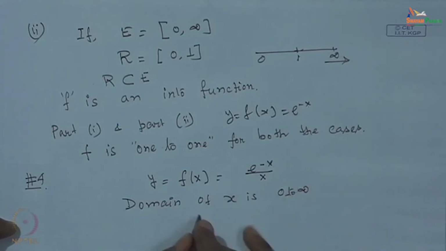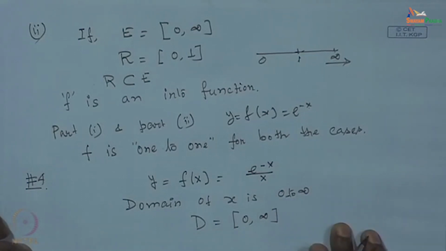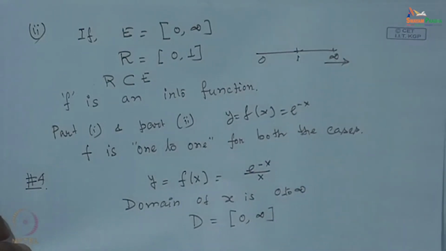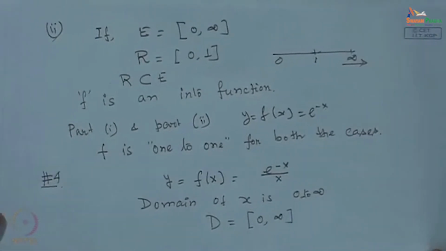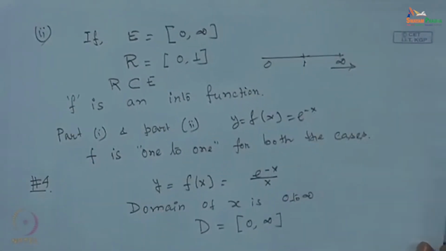So, therefore, our domain is basically from 0 to infinity. So, we can define our D as from 0 to infinity. Now, depending on the set of y, we have to check the categorization of the function f.